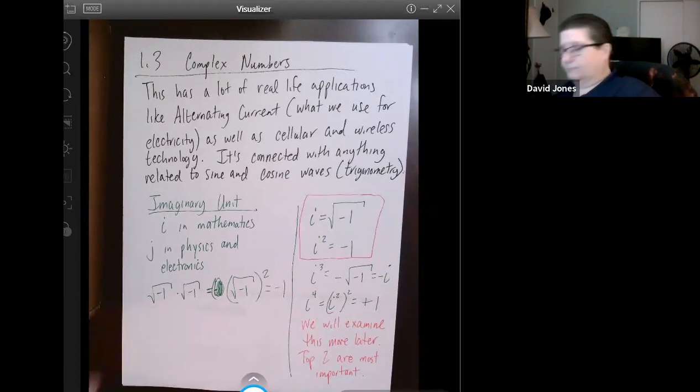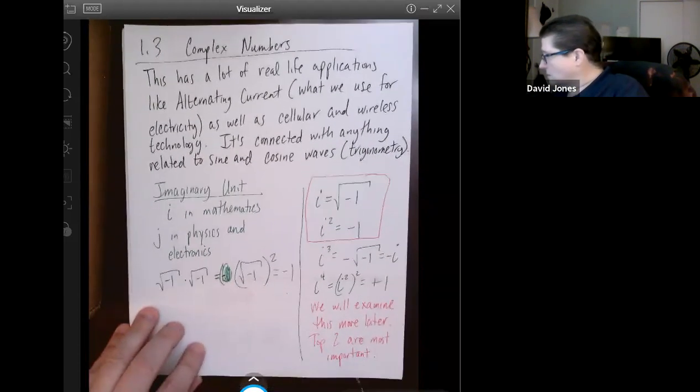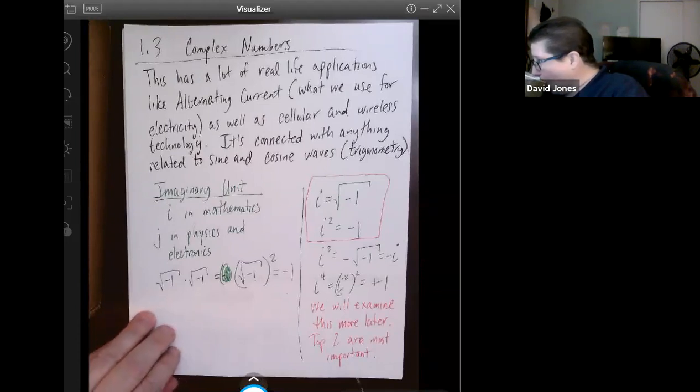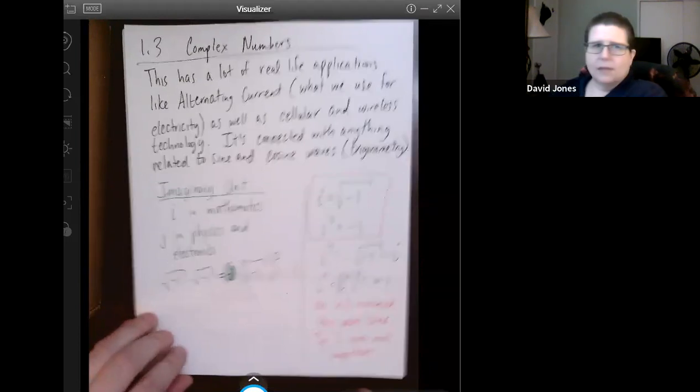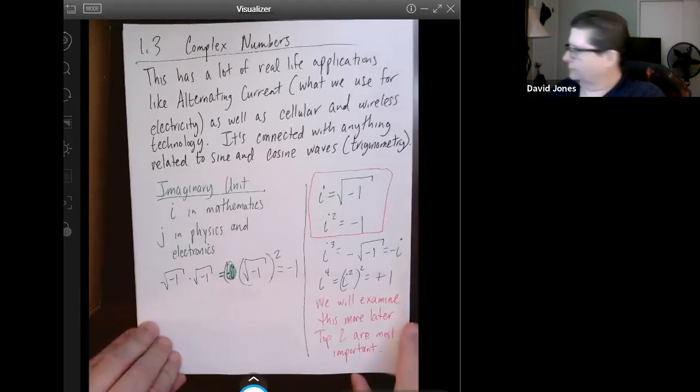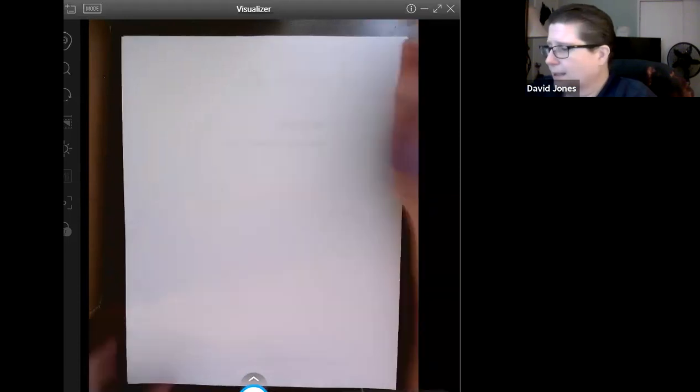All right. Where imaginary units show up are in the complex numbers. So imaginary units show up in complex numbers.